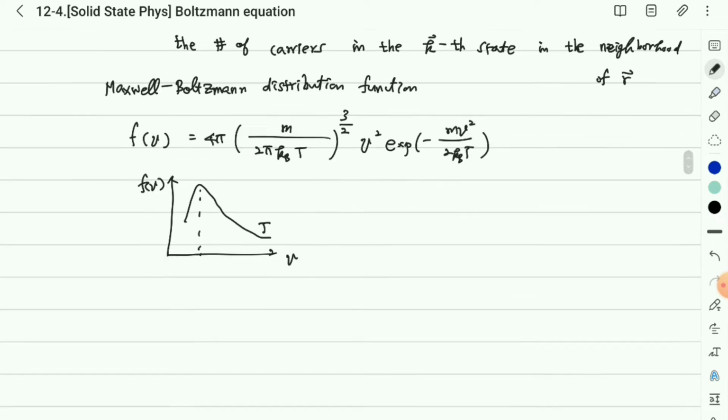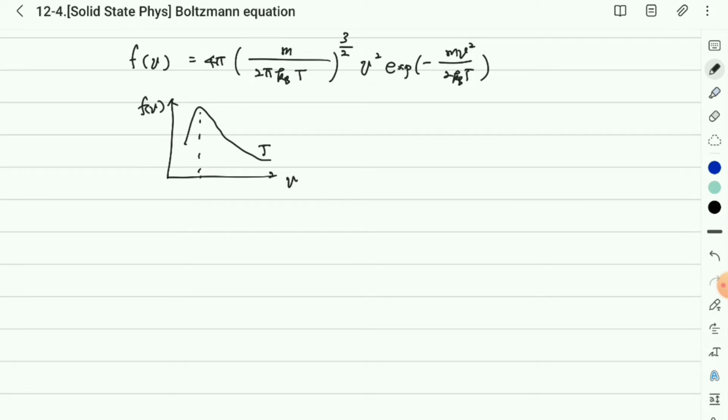But here, I will say that the Boltzmann transport equation describes the time dependent distribution function, in the state in the neighborhood of r, and there are several external forces.